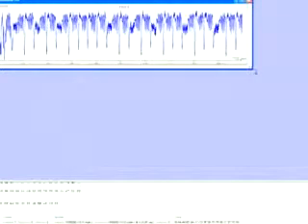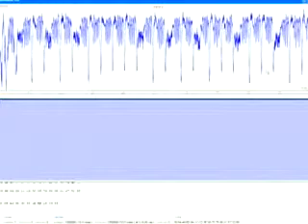Are you familiar with RSA implementations? Well, what you do in an RSA is an exponentiation. And for each bit in the exponent, you do a square operation. And if the bit is 1, you do an additional multiply. What we see here is each peak downwards is the boundary between a square or a multiply.